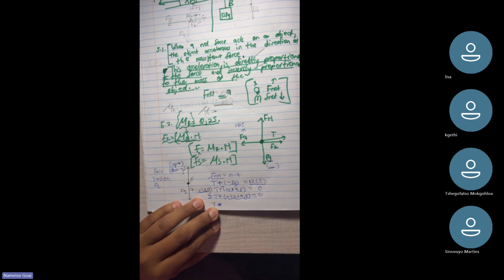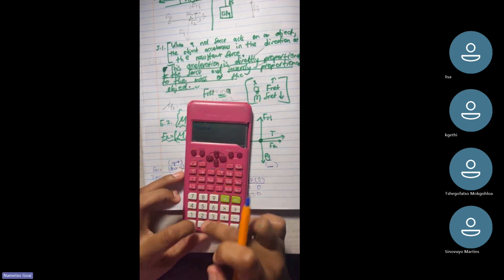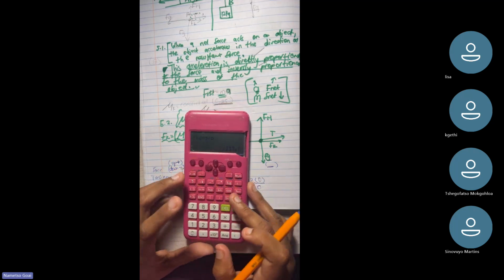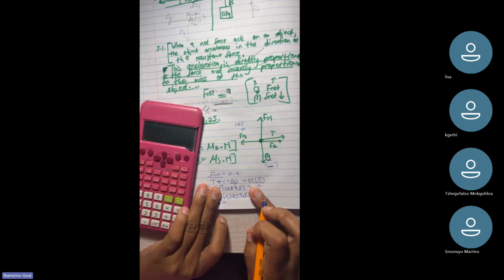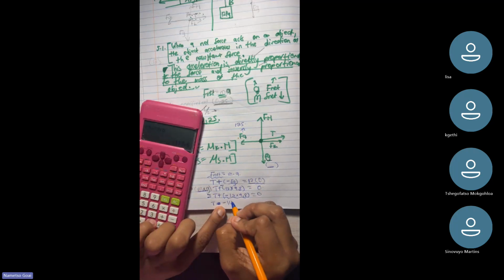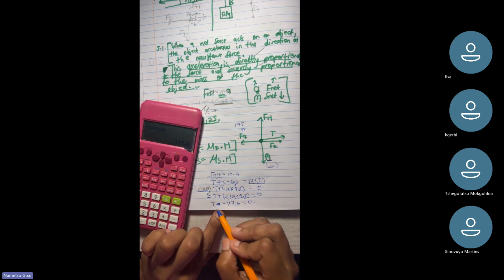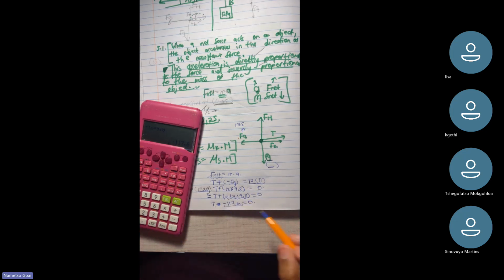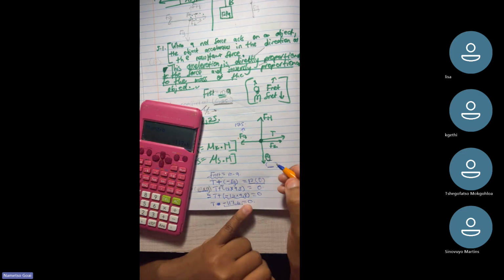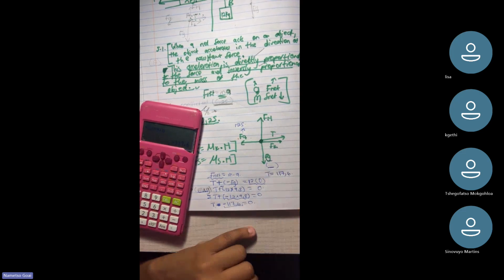So now for the tension, let me just say negative 12 times 9.8. When you multiply these two together, you get minus 117.6 equals 0. Then to get T, we transpose the negative 117.6 to the other side, so T equals 117.6.